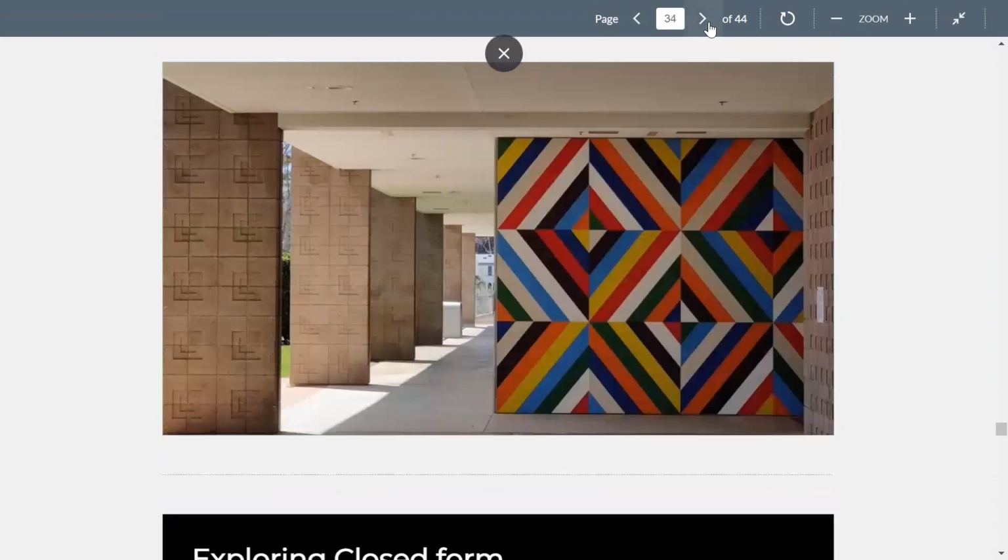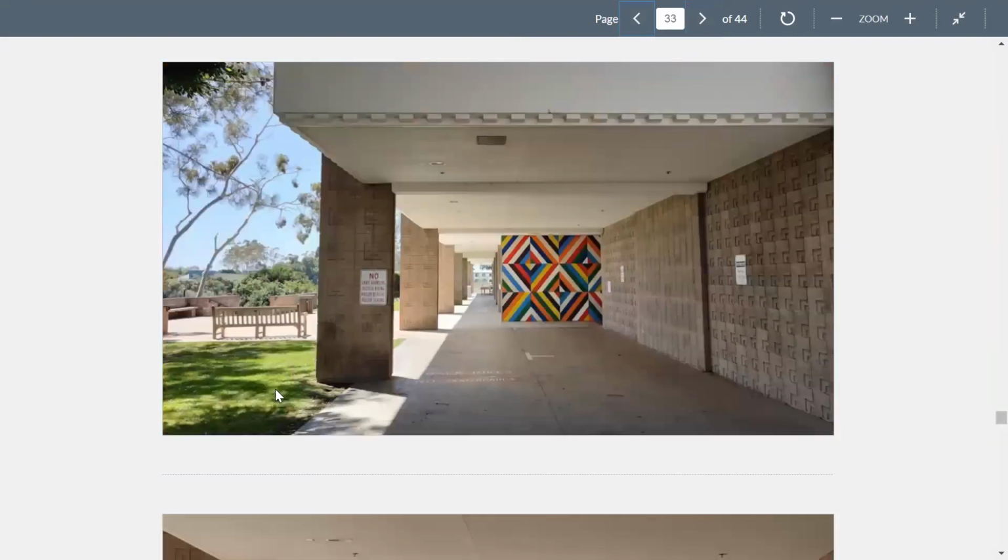See here, this is the same image, but this one is almost cropped. The view has been cropped, showing the continuation also. Here you have all those components within this frame. So this one is called the closed form.